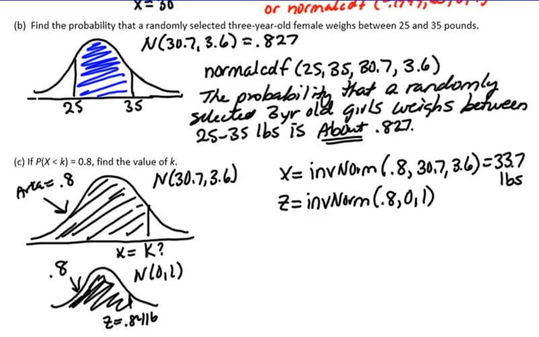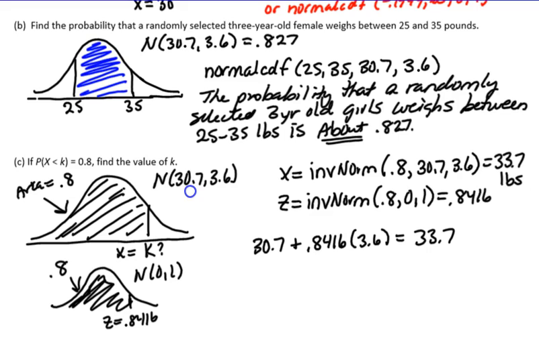So how are these two related? If I were to take the mean, 30.7, and add 0.8416 standard deviations, I would get 33.7. So that's how the two of these are related.